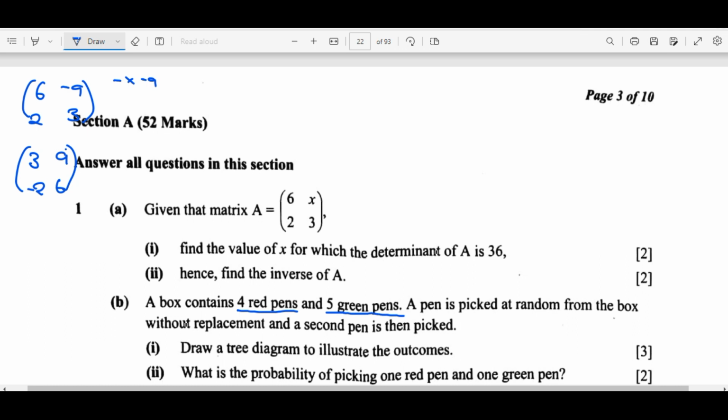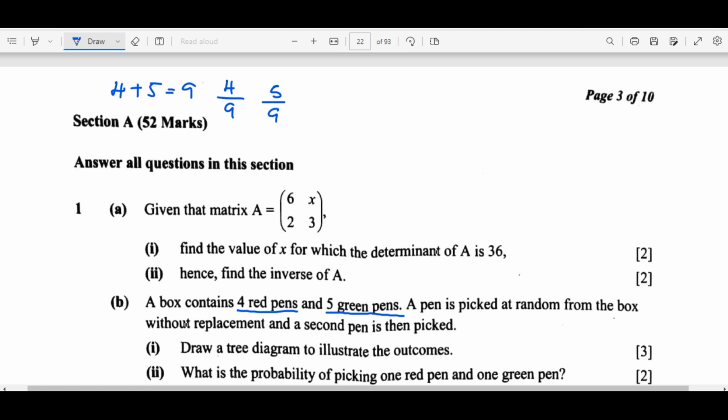So you have to total them, so that the total will help us to know what we are dealing with. So 4 plus 5 is equal to 9. So red pens, it is 4 out of 9, and green, it is 5 out of 9.